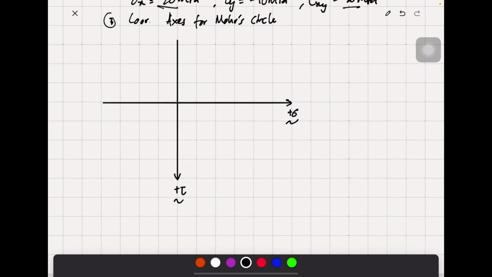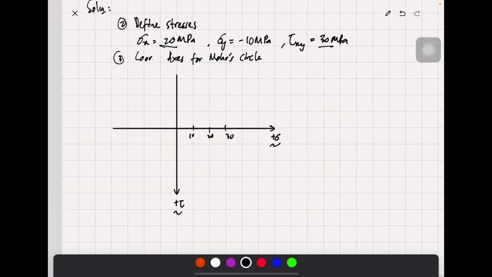So if I can say this is my scaling that I'm using, 10, 20, 30. So my first coordinate is 20, 30, which is positive to the right and downwards, right?